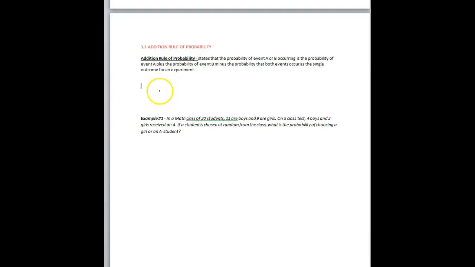So that formula is going to look something like this. The probability of A union B. This U stands for union, but the way that you can read it is as or. Probability of A or B is equal to the probability of A plus the probability of B minus the probability of A, an upside down U, and B. So this is the probability of A or B, and that's equal to the probability of A plus the probability of B minus the probability that A and B occur at the same time.